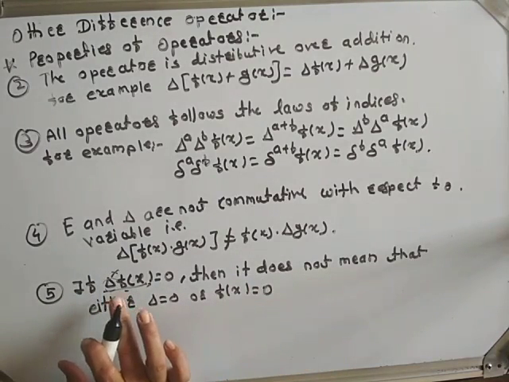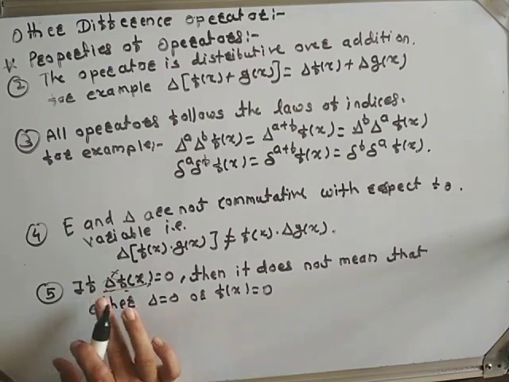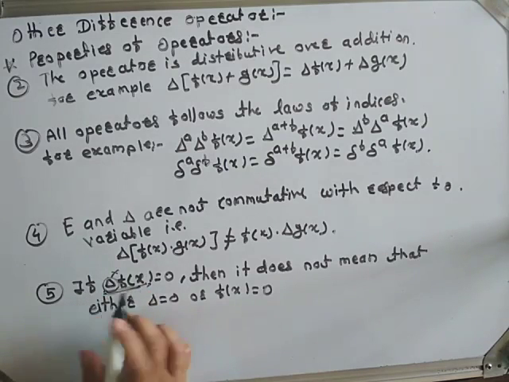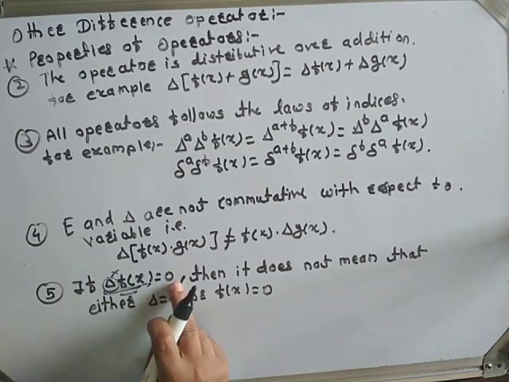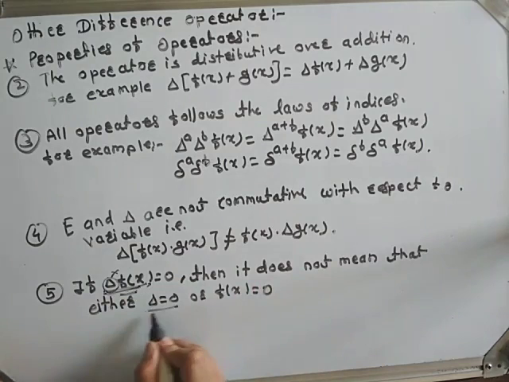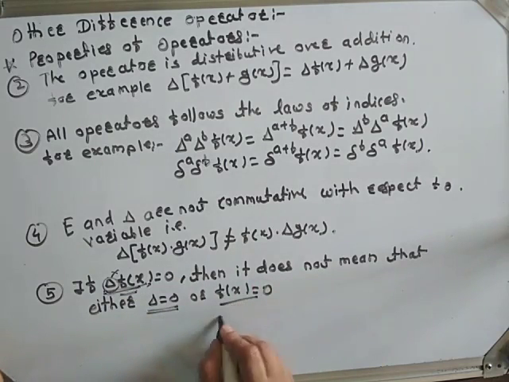Therefore, here delta is an operator on f, this is not a product. Therefore, delta of f of x is equal to 0 does not mean that either delta is equal to 0 or f of x is equal to 0.